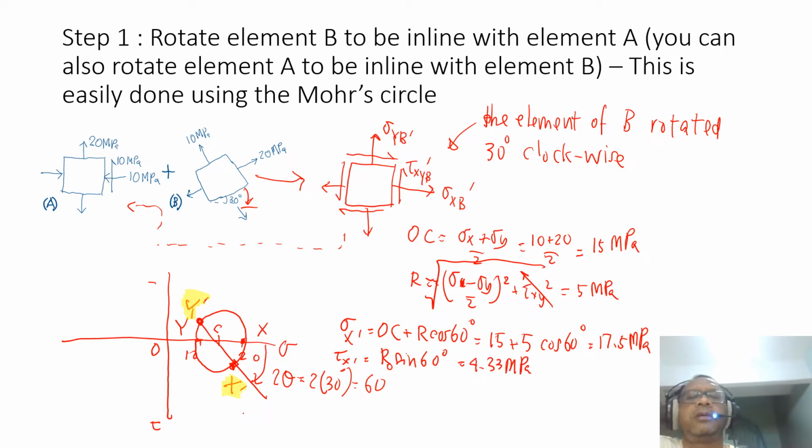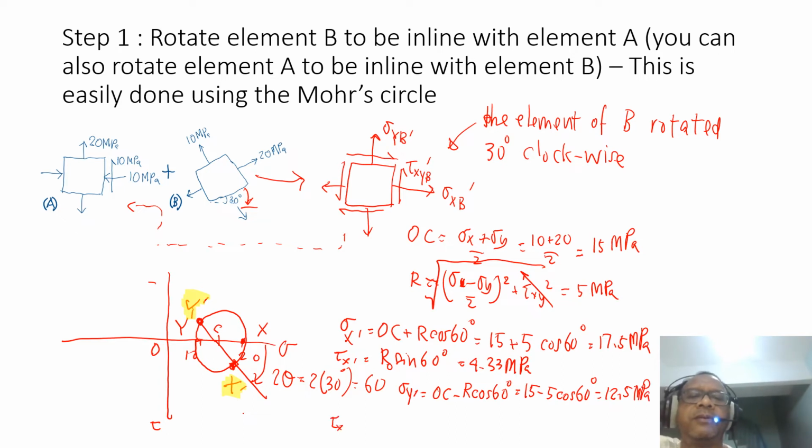Okay, and so we can find sigma Y dash, which is OC minus R cos 60. So that is 15 minus 5 cos 60 degrees. That's 12.5 megapascal.